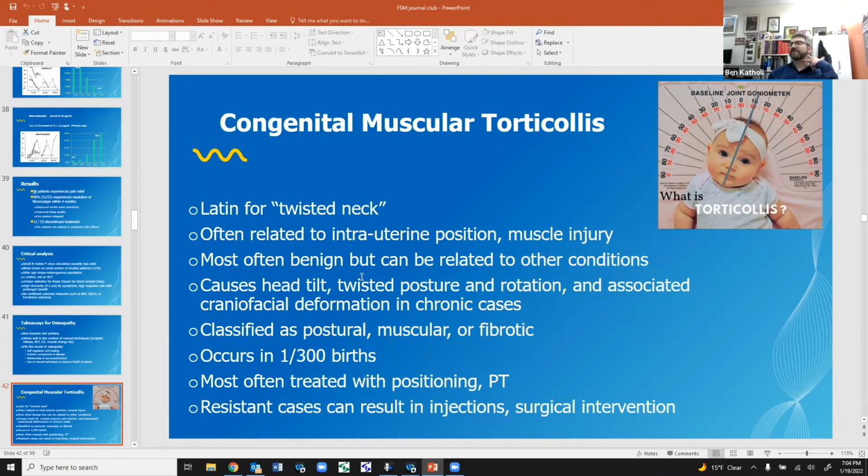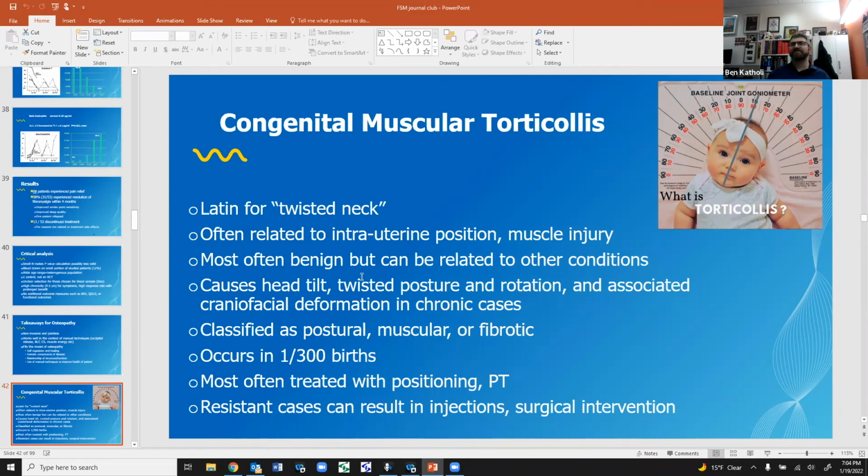So there's a sternal and a clavicular head that comes down and attaches at the neck, and it's responsible for head tilt and contralateral rotation. So this baby that you're looking at in the picture has left SCM tightness and probably has some scalene involvement. She's kind of hiked her shoulder a little bit, and I'd suspect there's some trap involvement there too.